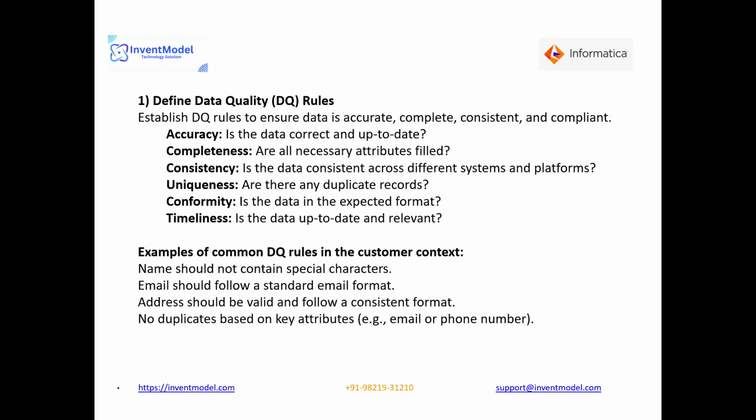Okay, so define data quality rules. Basically, we establish DQ rules to ensure that the data is accurate, complete, consistent, and compliant. We do this for data accuracy, data completeness, data consistency, uniqueness of data, conformity of data, and timeliness.